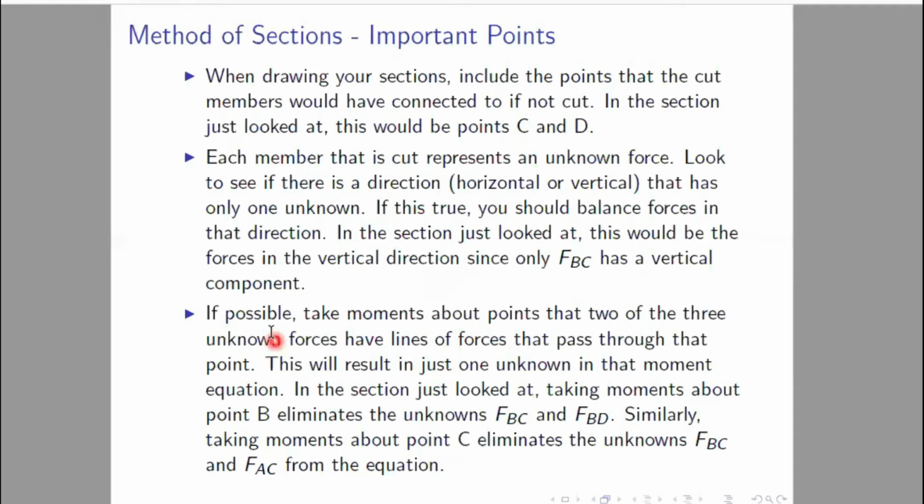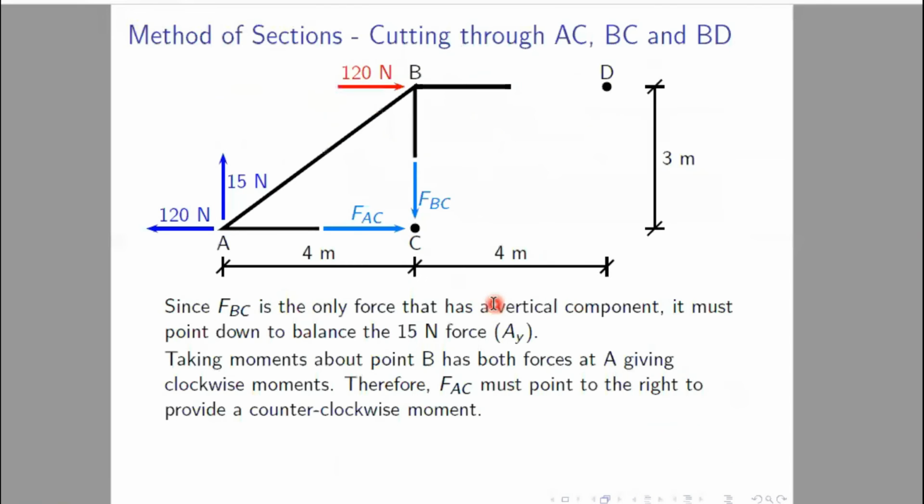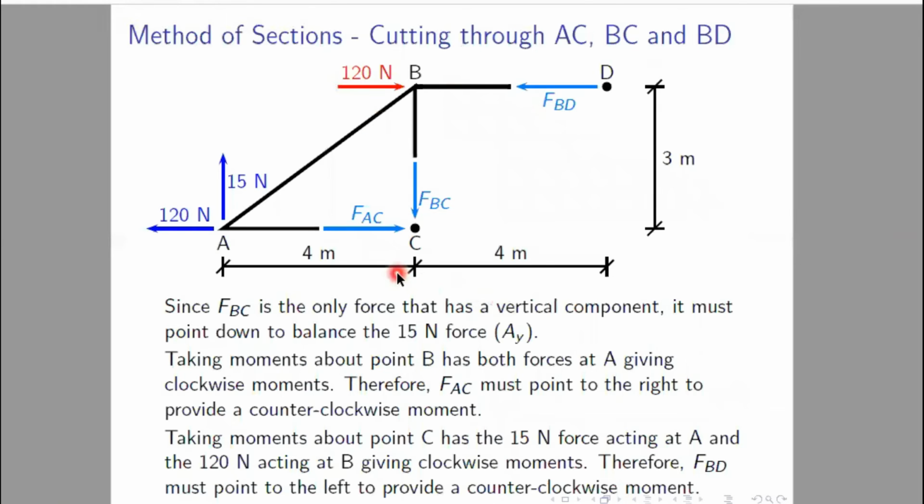If possible, take moments about a point where two of the three unknown forces have lines of force. What this actually means, if we go to the previous slide, you can see that we have taken moment about B and moment about C. We took moment about C in order to find FBD.